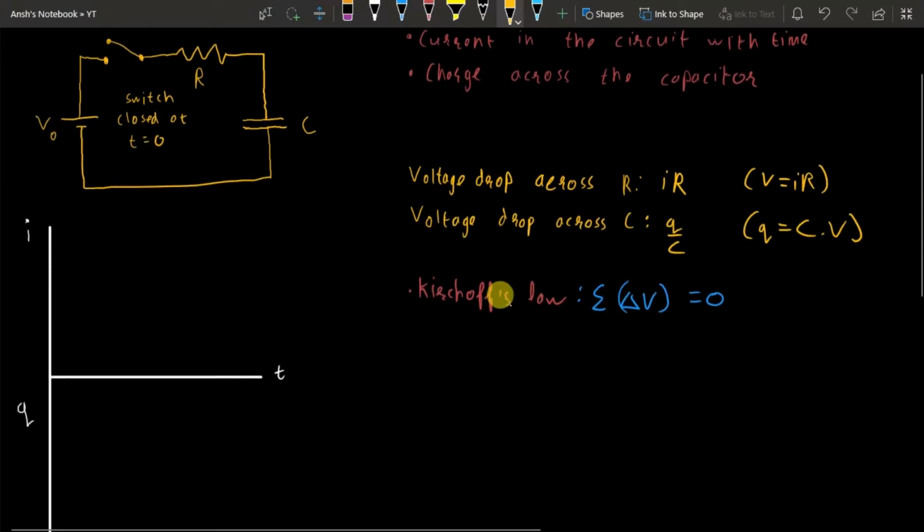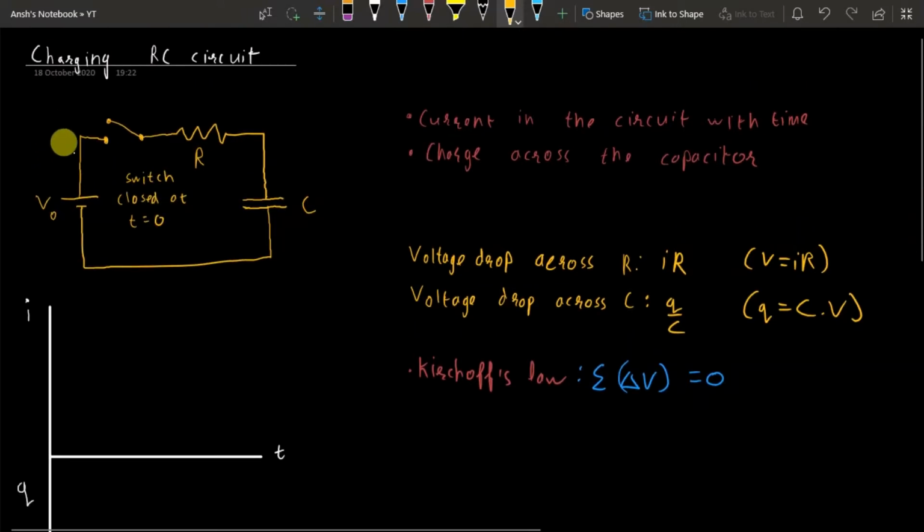Before proceeding forward with Kirchhoff's law, let's try to find out what the general behavior of this circuit will be once we close the switch. When we close the switch at time t equals 0, the capacitor is initially uncharged. So it will allow all the current to flow in the circuit, since it doesn't have any charge and hence doesn't have any potential difference across it.